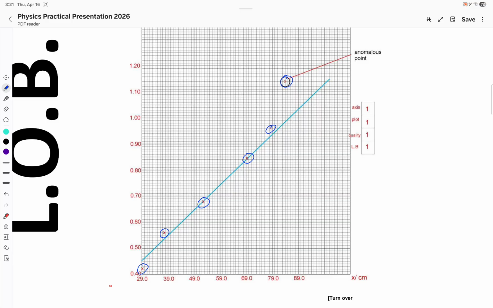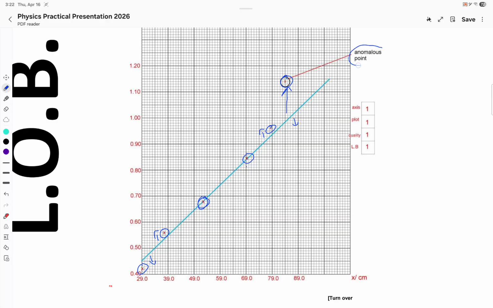All my plots are in a very scattered manner, like one below the line, above the line, on the line, again on the line, above the line, perhaps below the line, but again going quite far away from the line.